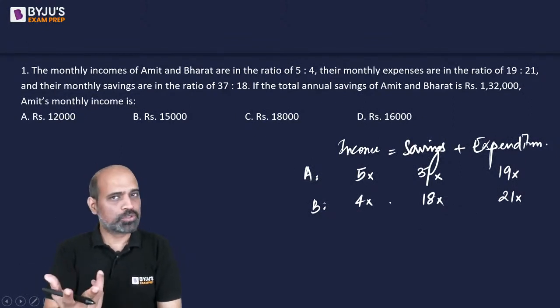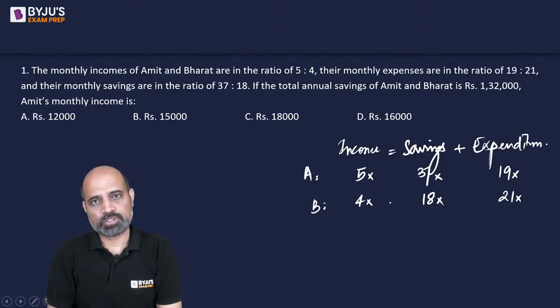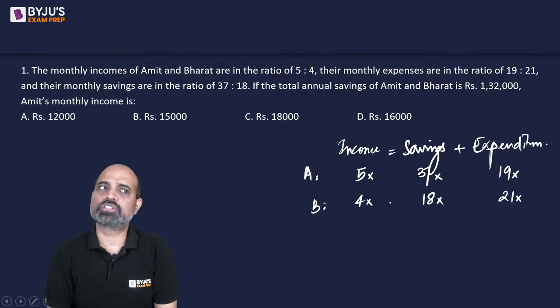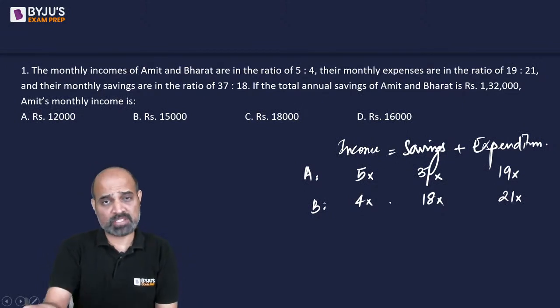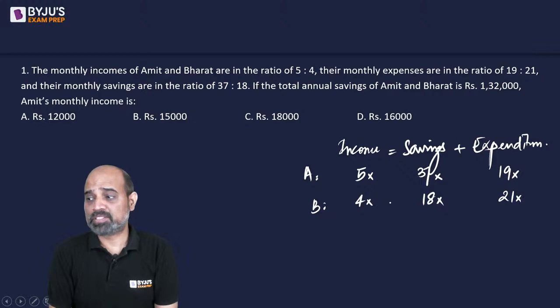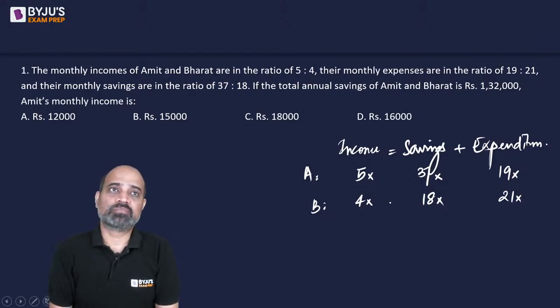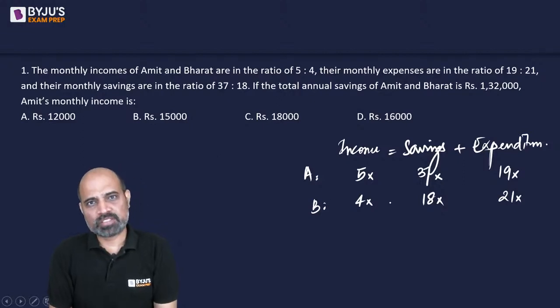So there are two ways to tackle such questions, right? Questions on ratios based on age, salary, earnings, total marks, total students. दो तरीके होते हैं.